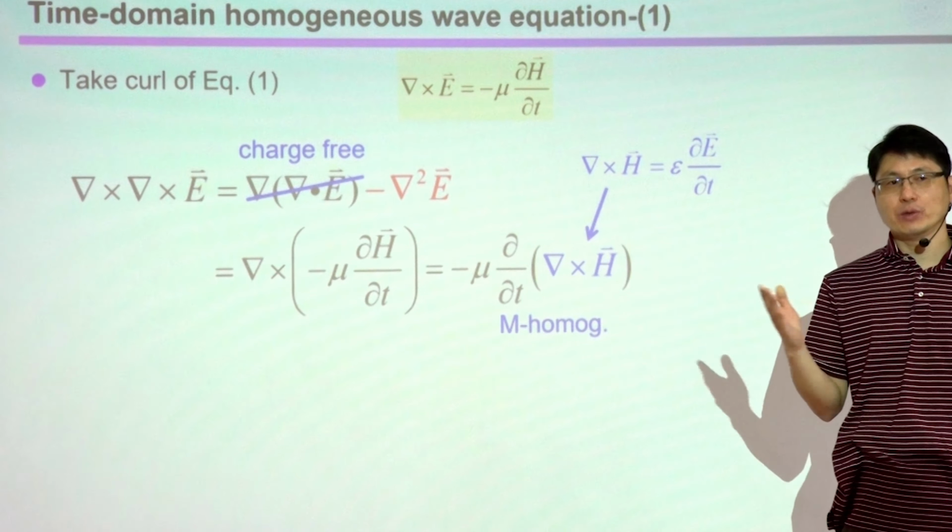So this is already called the wave equation. The wave equation in a simple medium. And because you have this partial differential equation, and over to the right you have 0, meaning you have no driving source, this is called the homogeneous wave equation.